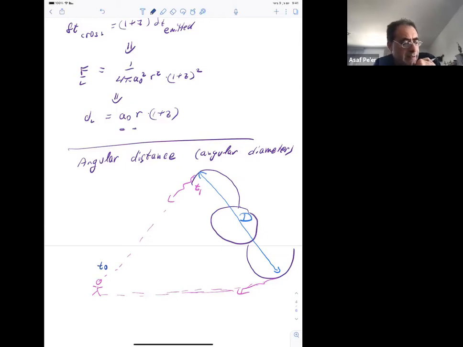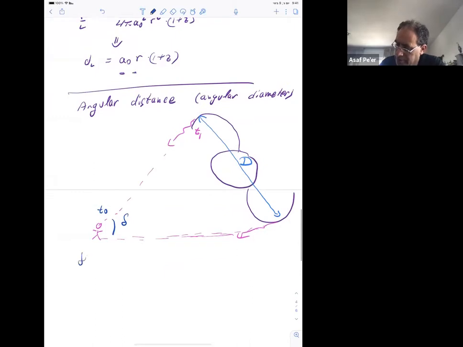Now, the angle here would be delta, and let's say the delta is very small. So for a small observing angle delta, then of course D, just by trigonometry, is R times a of T1 times delta.